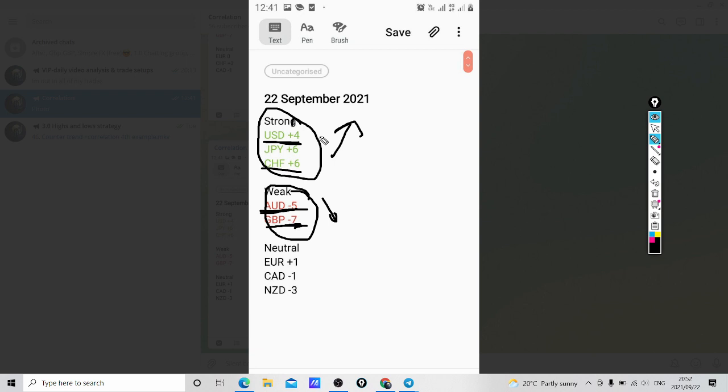But we cannot pair the currencies that are inside here together. Okay, we can't pair the US dollar against the JPY. We can't pair those, and I'm going to tell you why we don't pair them together.